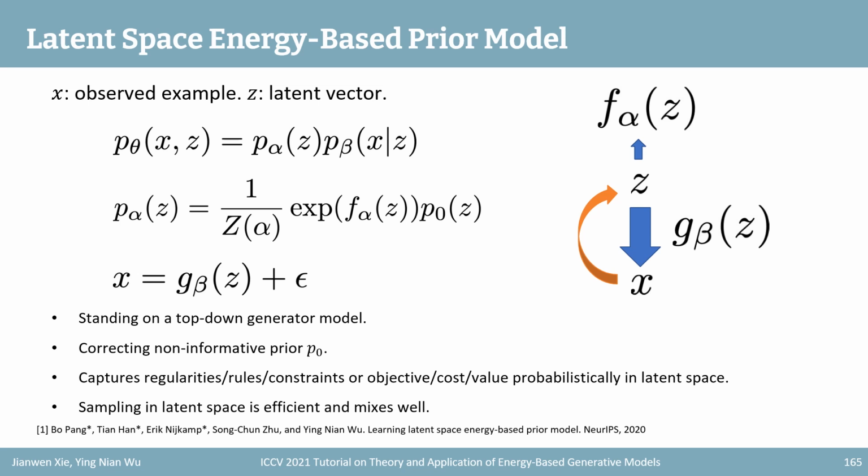This informative EBM prior is a correction of the non-informative Gaussian prior. The EBM built on top of the generator can capture rules or constraints in the latent space. Also, sampling in the latent space is much easier than that in the data space.